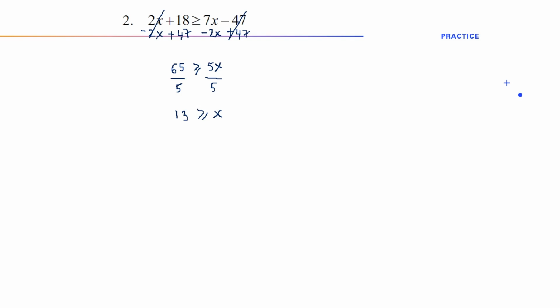And for the interval, the greater than or equal to means the bracket. So x is 13 or below, going to negative infinity. So that should be the answer.